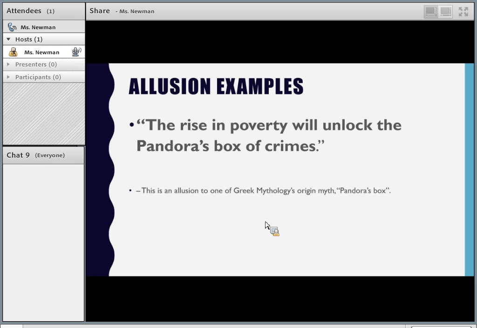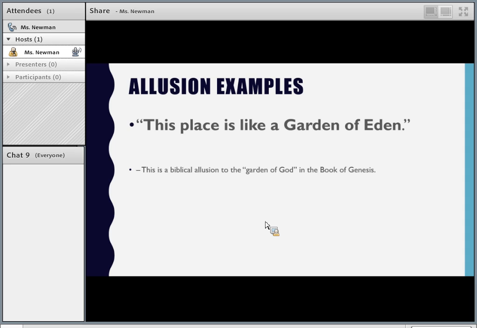The rise in poverty will unlock the Pandora's box of crimes. This is an allusion to one of the Greek mythology's origin myths, Pandora's box. This place is like a Garden of Eden. This is a biblical allusion to the Garden of God in the book of Genesis.